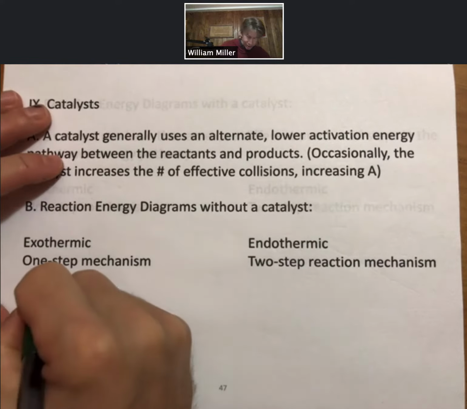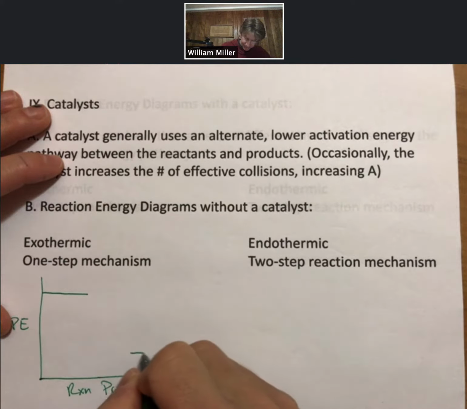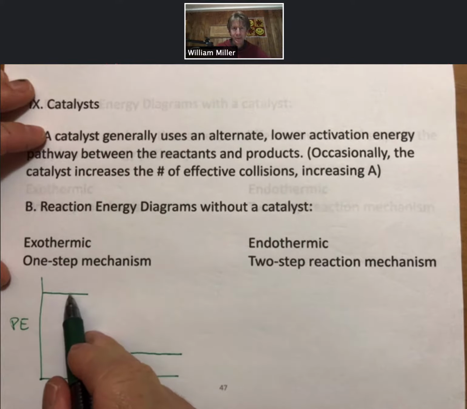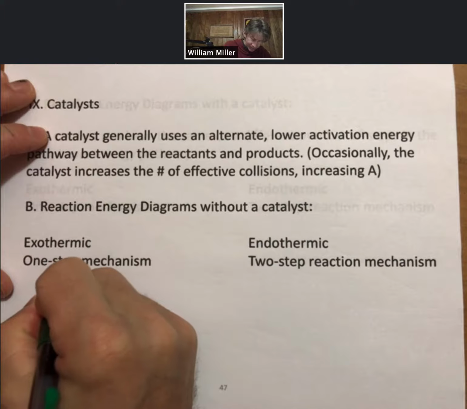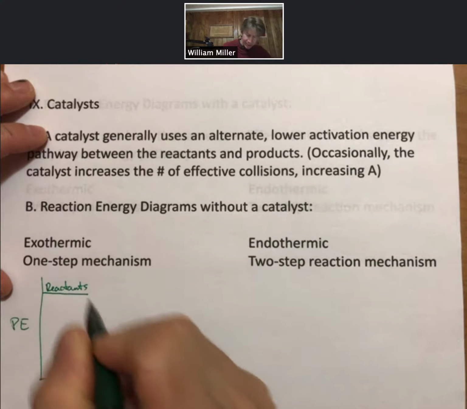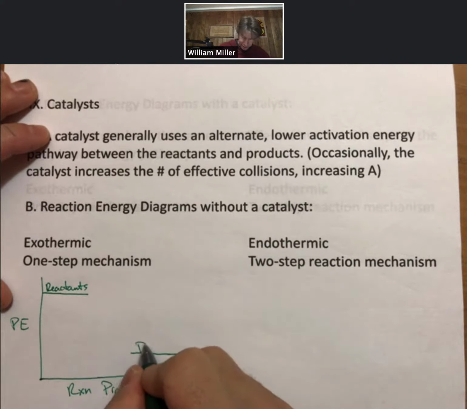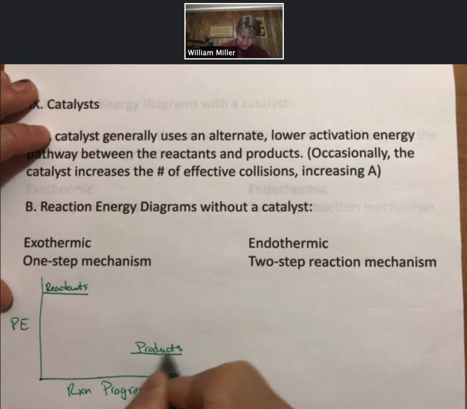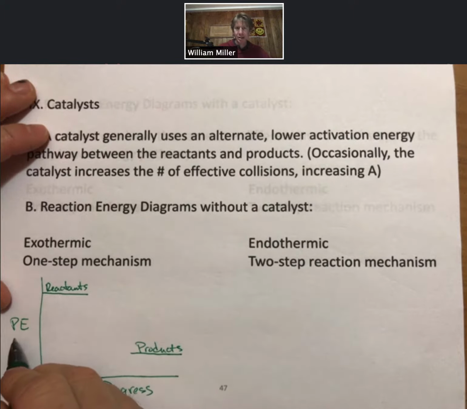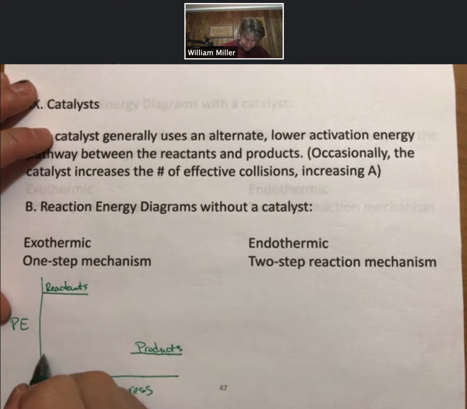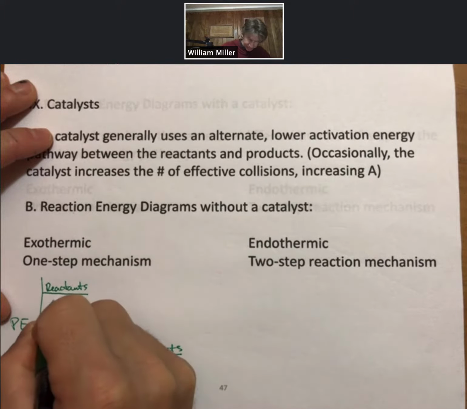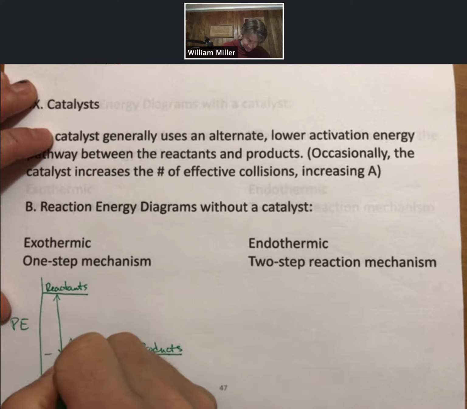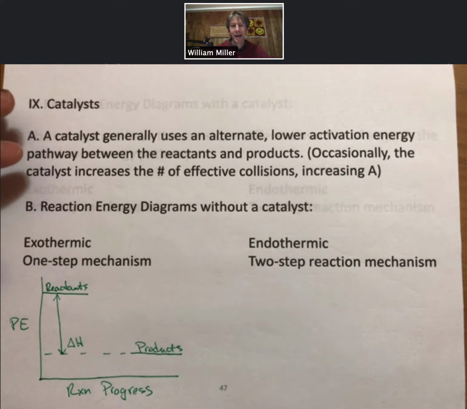And for exothermic, remember, you've got your reactants at a higher position, and your products at a lower position, and the difference in potential energy of your reactants and products is your delta H of reaction, the heat energy given off.